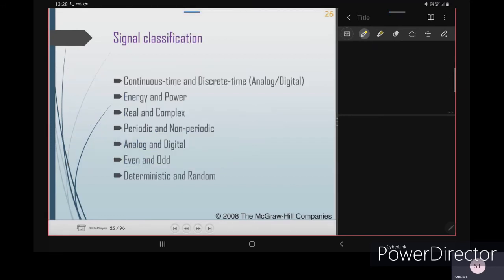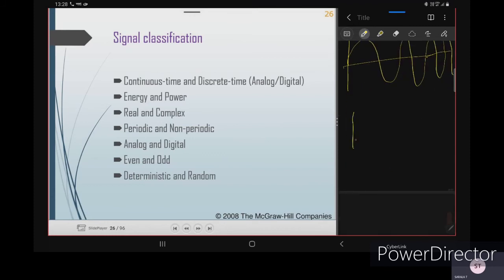Signal classification: we can do 7 different types of signal classification. One is continuous time and discrete time. Continuous time always has continuity from one signal value to another. It doesn't have any discrete values, meaning if I am writing a signal continuously without lifting my hand, that is continuous.